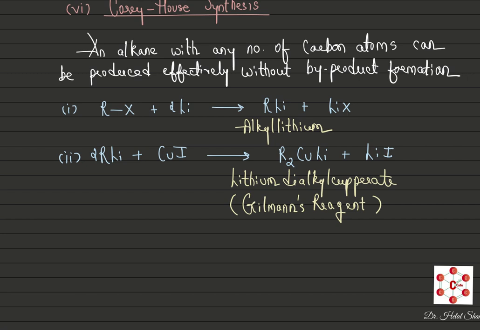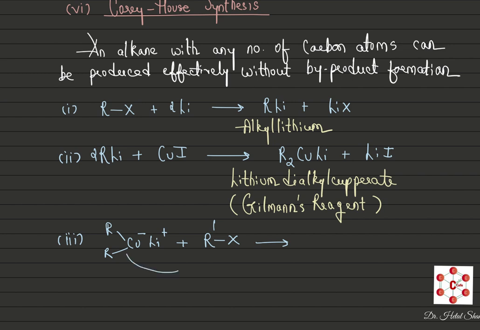And once this is done, you can have the third step. We can have R2CuLi, Gilman's reagent, reacting with R'X, any other alkyl halide.